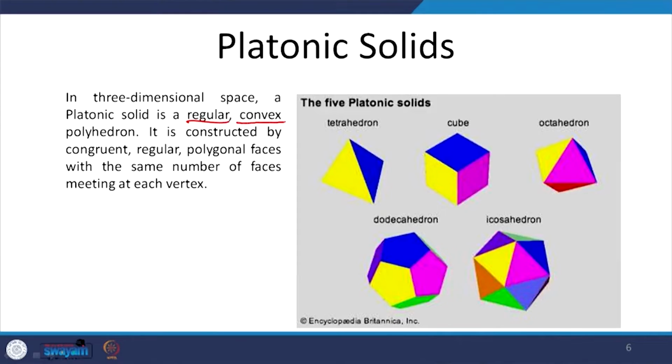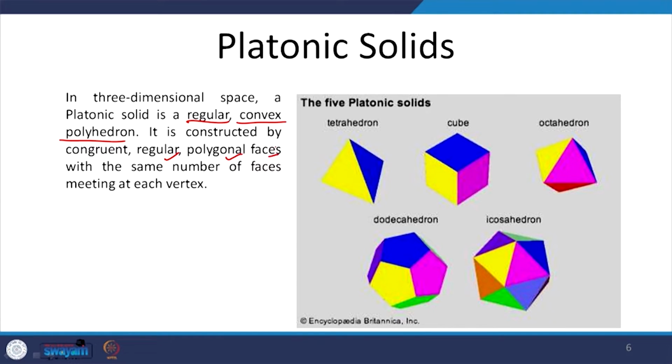The next set of solids is platonic solids. Now, what is a platonic solid? I am sure you must have at least read the definition of platonic solids in your schools. A platonic solid is a regular convex polyhedron, and it is constructed by congruent regular polygonal faces.